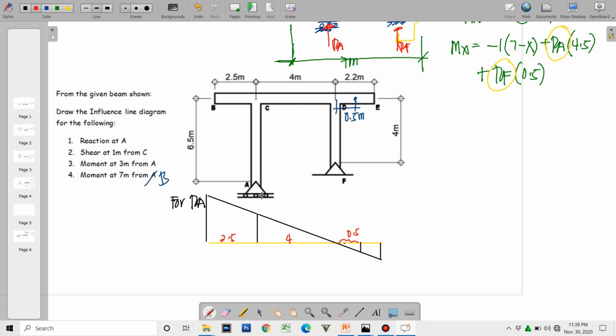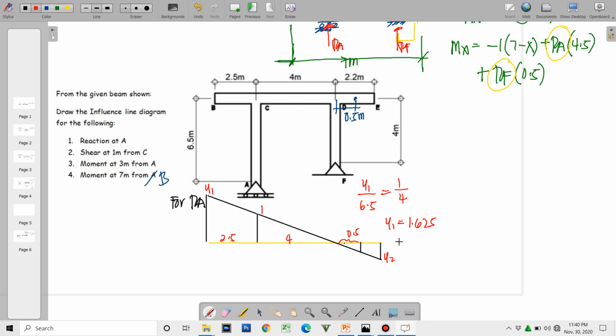So the ordinate of this one is 1. So I'll just label this as y1 and y2. So y1 is to 6.5 as 1 is to 4, using this triangle. Therefore, y1 is 6.5 divided by 4, that is equal to 1.625.